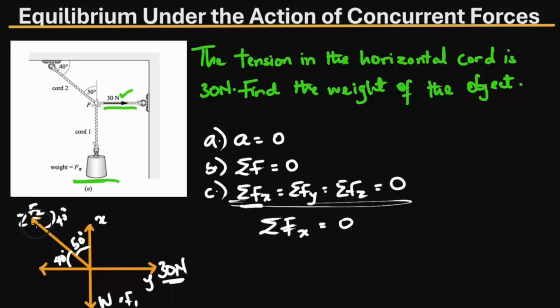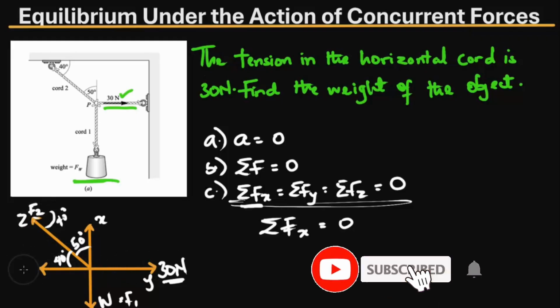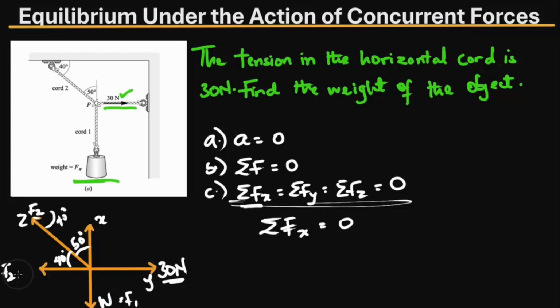Alright, so we have an angle 40 degrees, so we have to resolve F2 to the horizontal. Okay, so when we resolve F2 to the horizontal, we are going to have F2 cos 40 degrees. And when we resolve F2 to the vertical, we are going to have F2 sine 40 degrees.